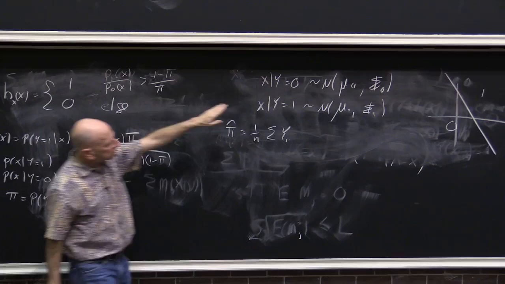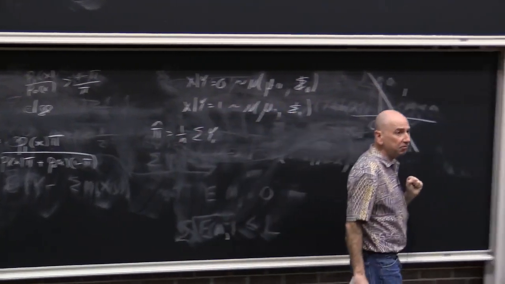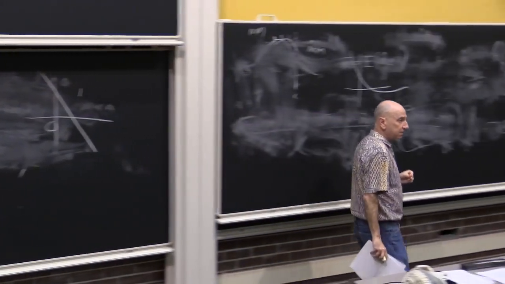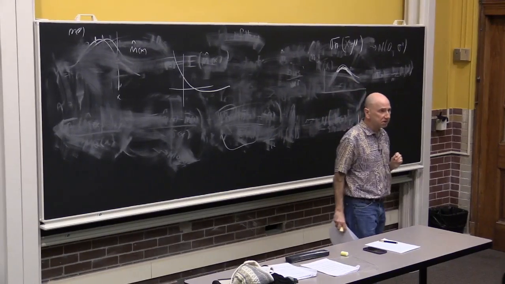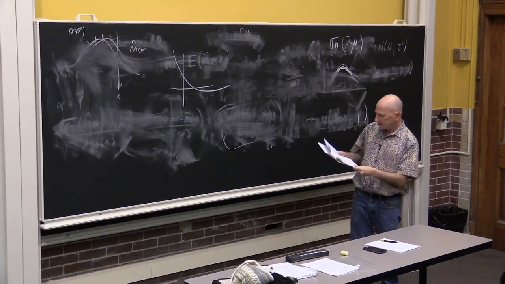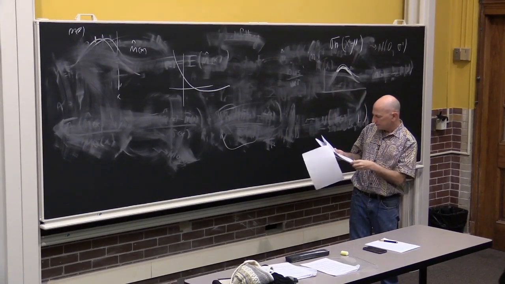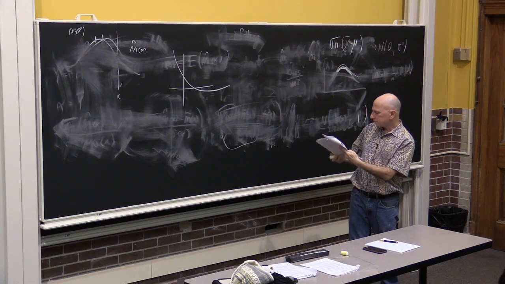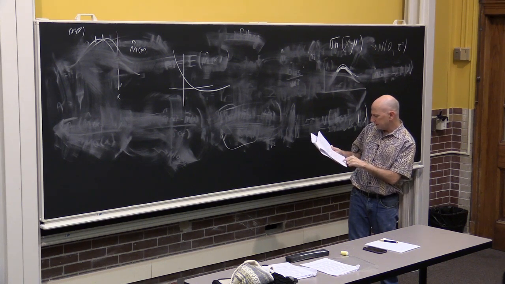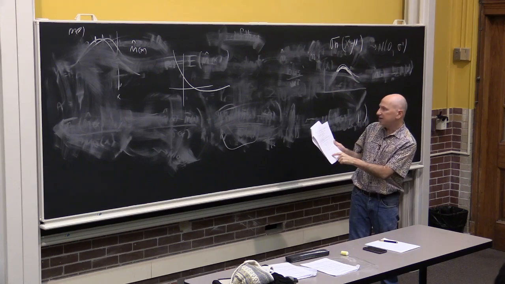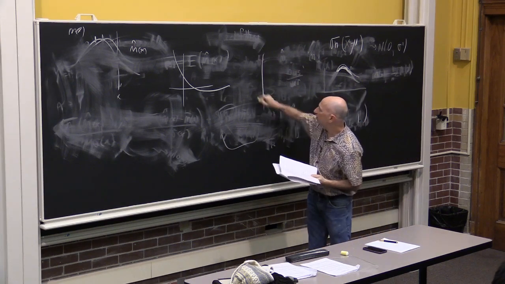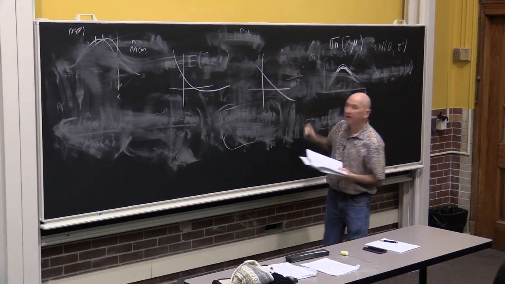However, if you force sigma 0 and sigma 1 to be equal, you get the equation at the bottom of page 7, which, if you look at the equation, is linear.